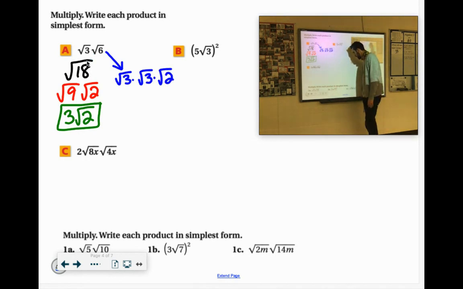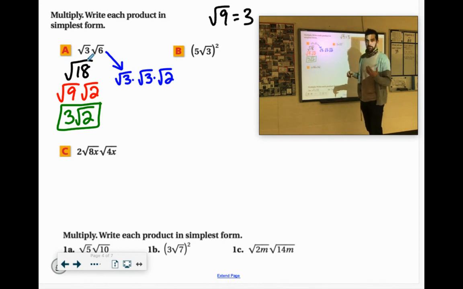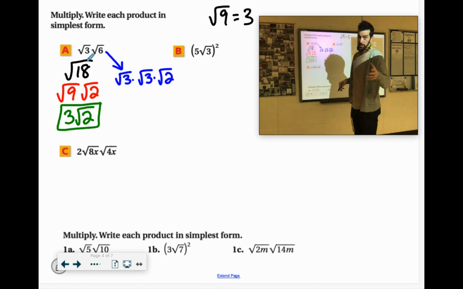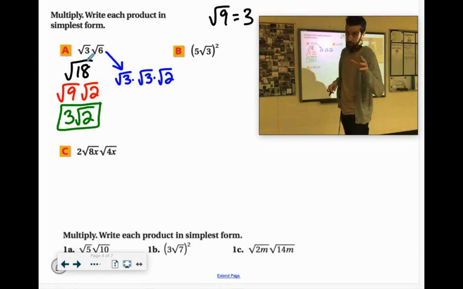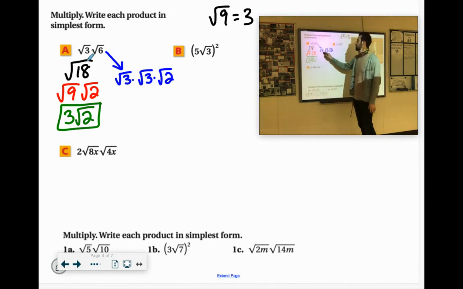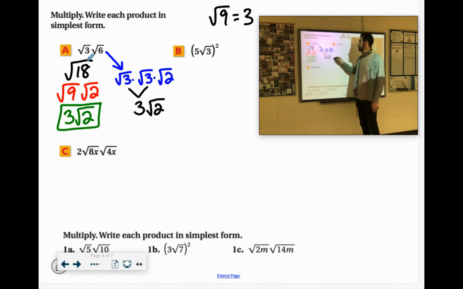Now my little trick is, if you have the same thing in the square root, root 3 times root 3 would in theory be root 9, and the square root of 9 is 3. So if you are ever multiplying the same radical times itself, root 3 times root 3, it just ends up being regular 3. So that's a nice little shortcut. Root 3 times root 3 is 3. And you got your root 2 there. Gives you the same answer, but that's nice.